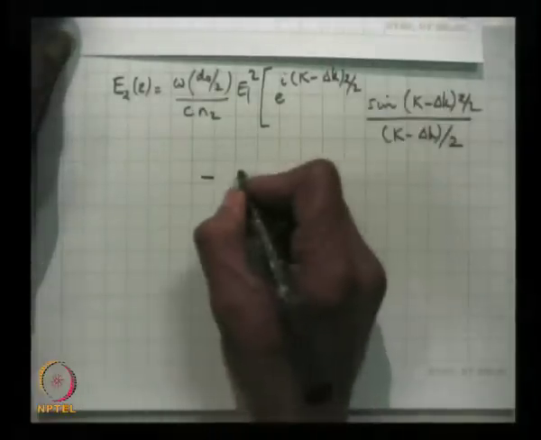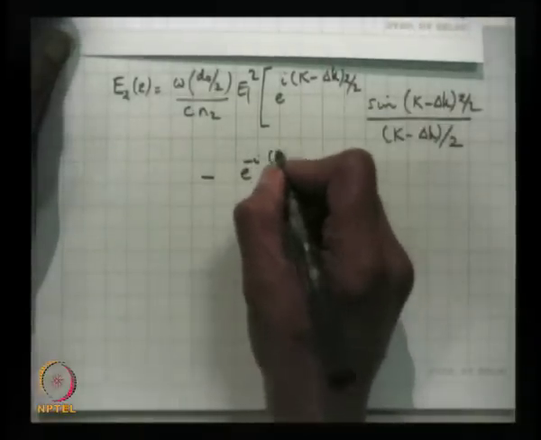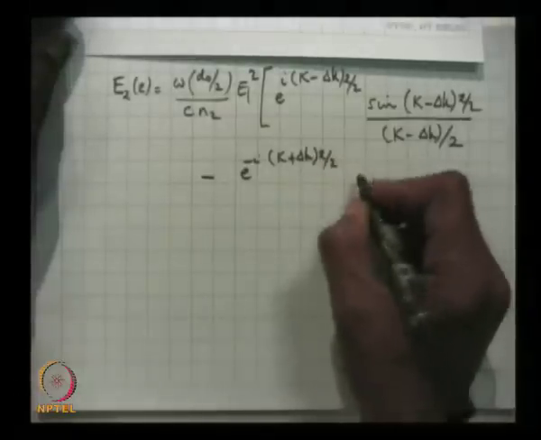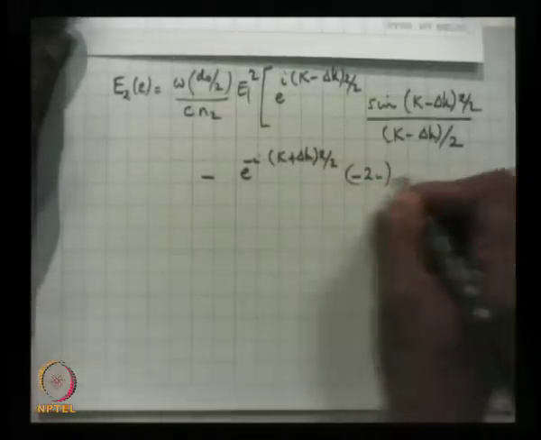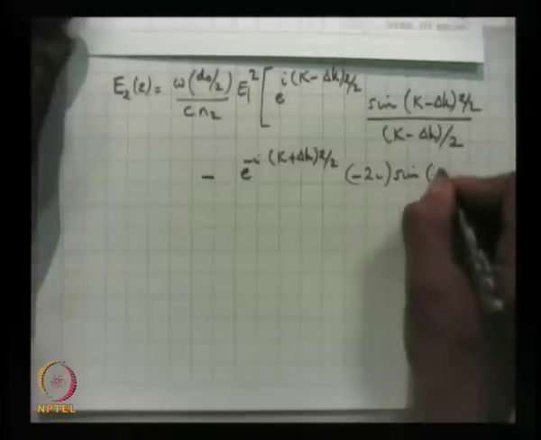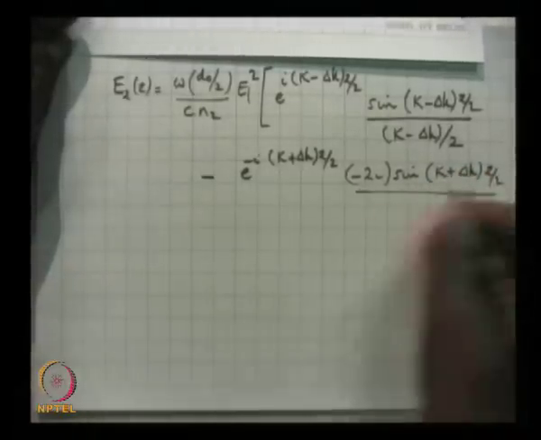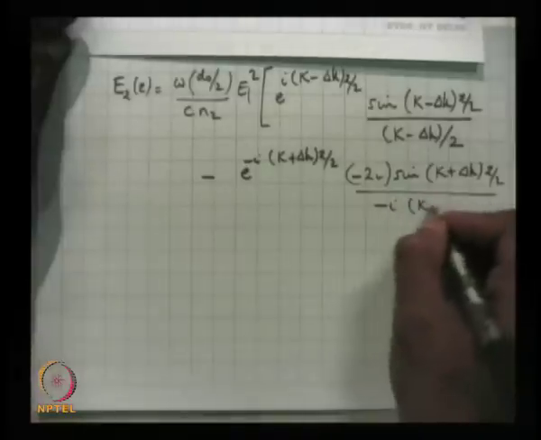So, this is actually exponential minus i(K plus delta k)z by 2 into minus 2i sine (K plus delta k)z by 2 by minus i(K plus delta k).